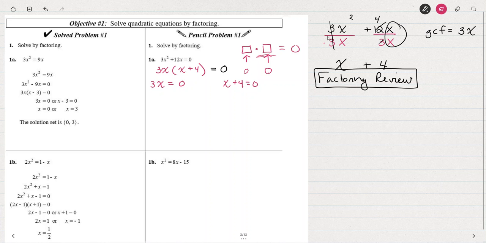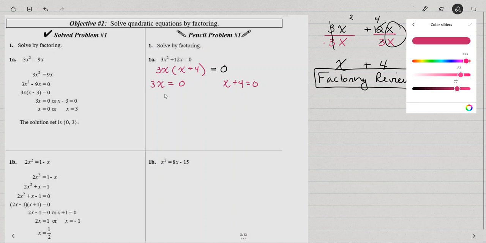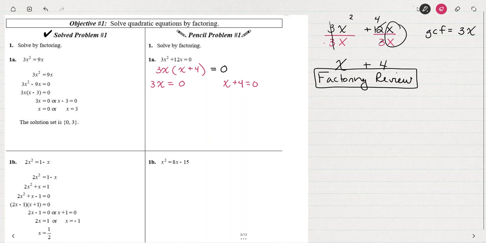But what we do is we set each of the factors, the 3x and the x plus 4, equal to 0. When I set those to 0, I could divide both sides by 3, and I get x equals 0 over 3, which is 0. Now don't be afraid of a 0 in the numerator of a fraction, although 3 over 0, 3 divided by 0, is undefined.